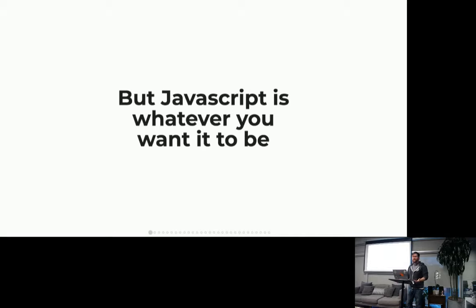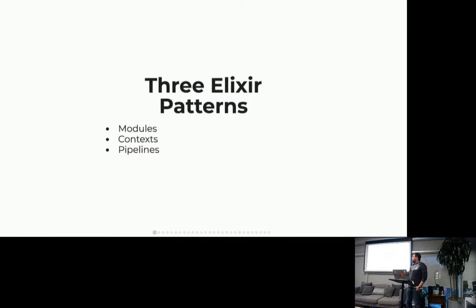It definitely is not right for every team, because some of this stuff won't be the current popular idioms. So here are 3 patterns that we can maybe pull in from Elixir to make our JavaScript code a little better. Modules. If we can organize our data structures and functions to basically replicate the way Elixir modules work. Contexts.